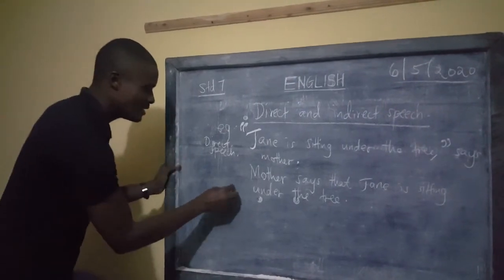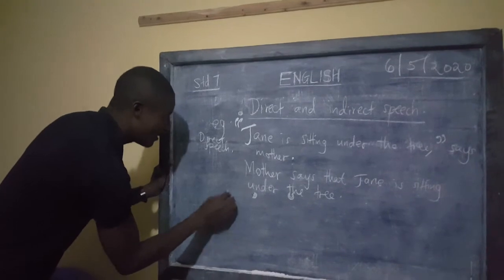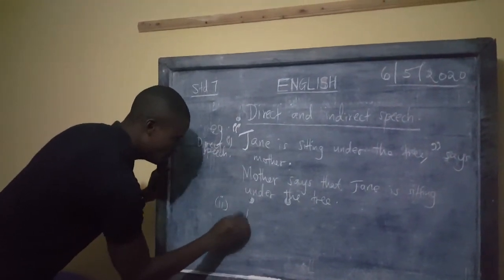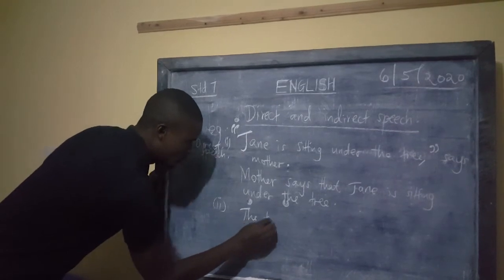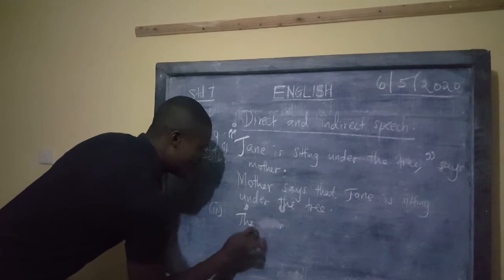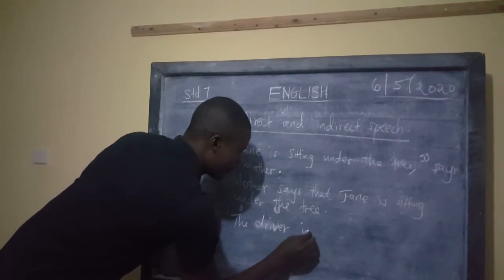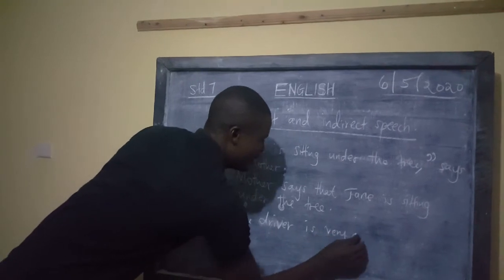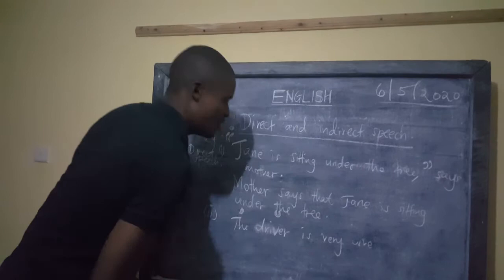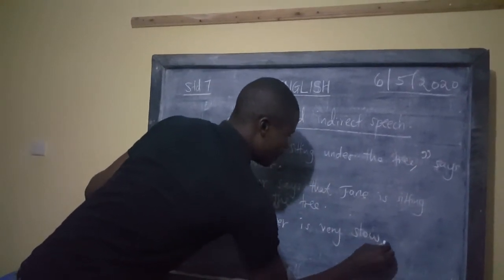Let me give another sentence in the past tense now. This is example 1, number 2. The driver is very slow.